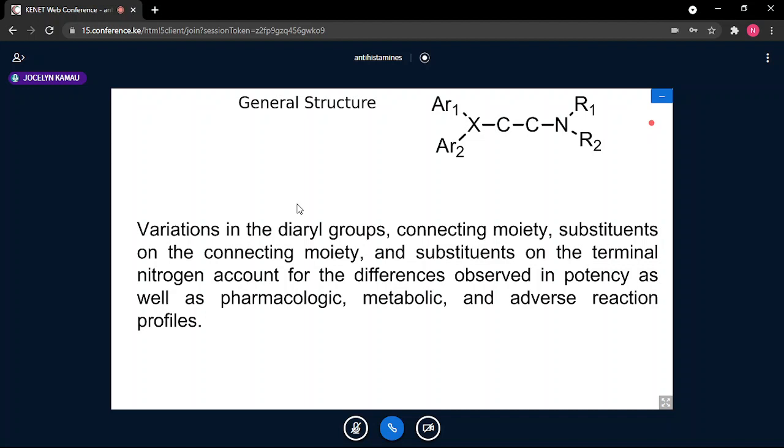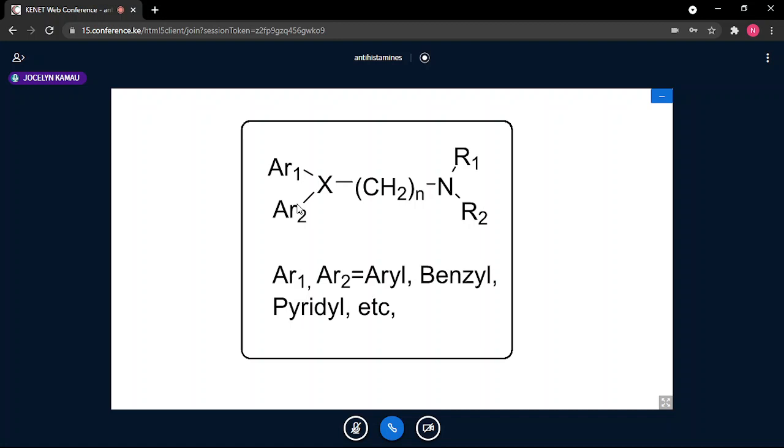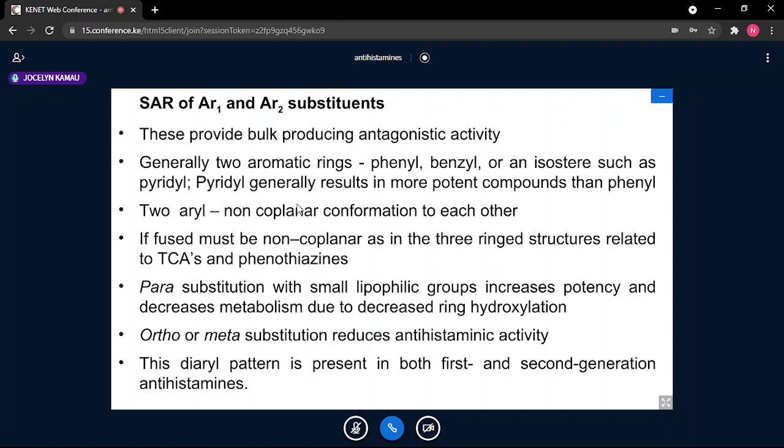So the class of the drug is important in potency, in the metabolic pathway, and also in the adverse reactions.